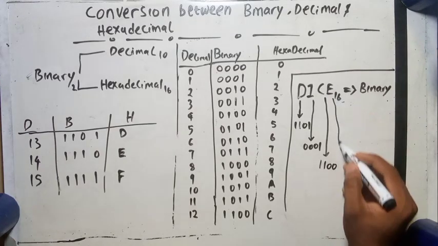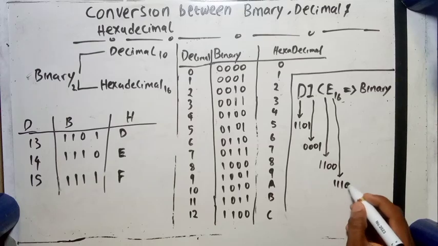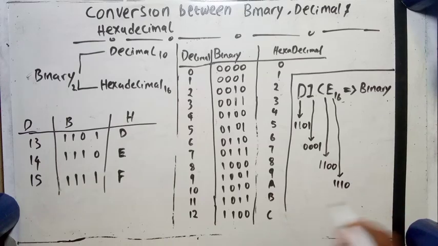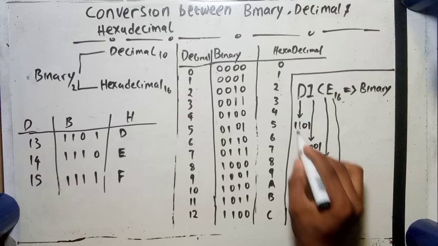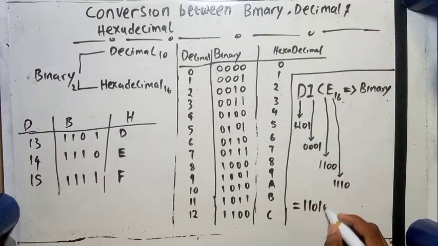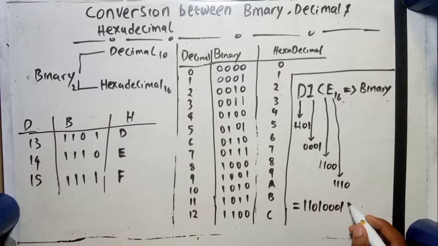And our E is 1, 1, 1, 0. Now, your binary form is going to be equal to 1, 1, 0, 1, the first one, 0, 0, 0, 1, the next one, 1, 1, 0, 0, 1, 1, 1, 0.